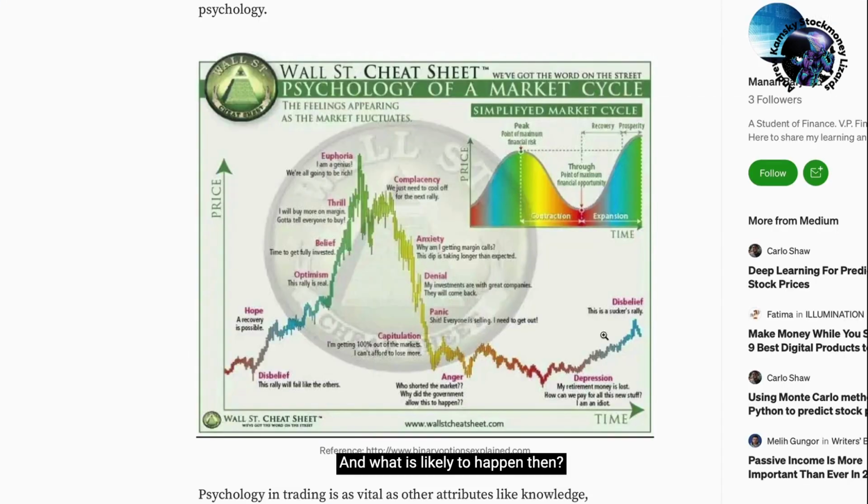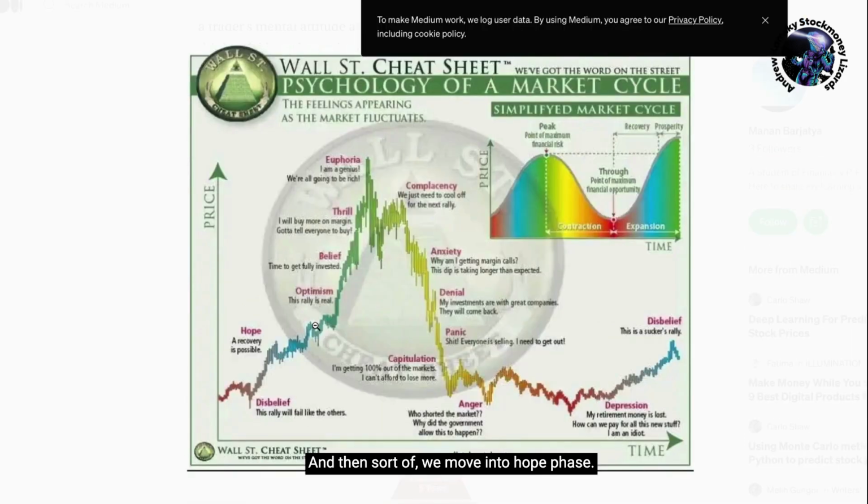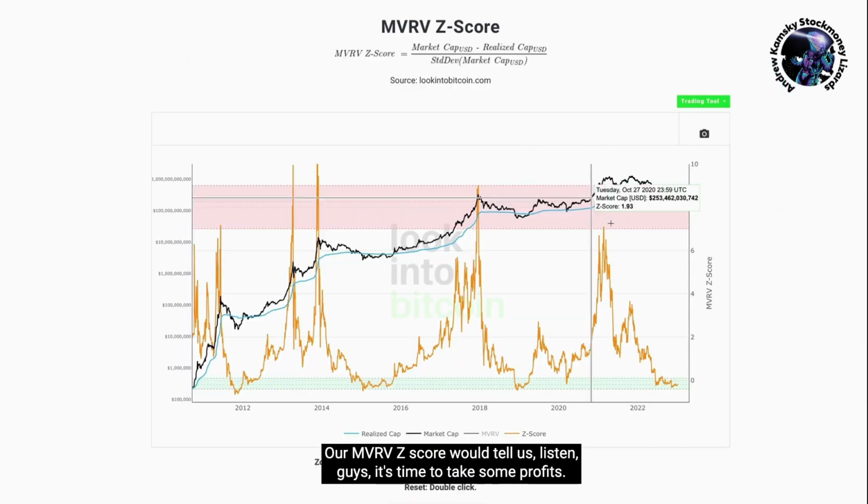And what is likely to happen then is we'll probably go back down, disbelief. So this rally will fail like all the others. And then we move into hope phase, optimism, belief, thrill, and then euphoria. And hopefully at euphoric state, our MVRV Z-score will tell us, listen guys, it's time to take some profits and enjoy all the hard work and the patience that you have put into this run.